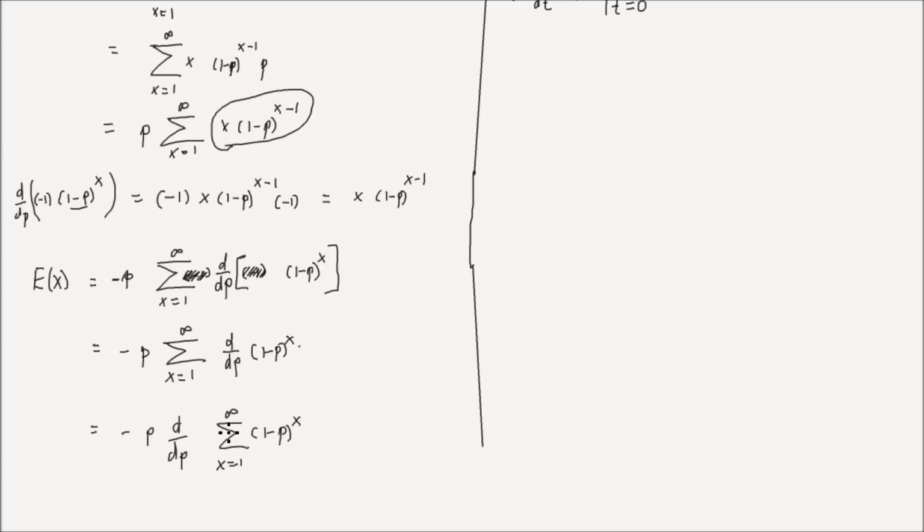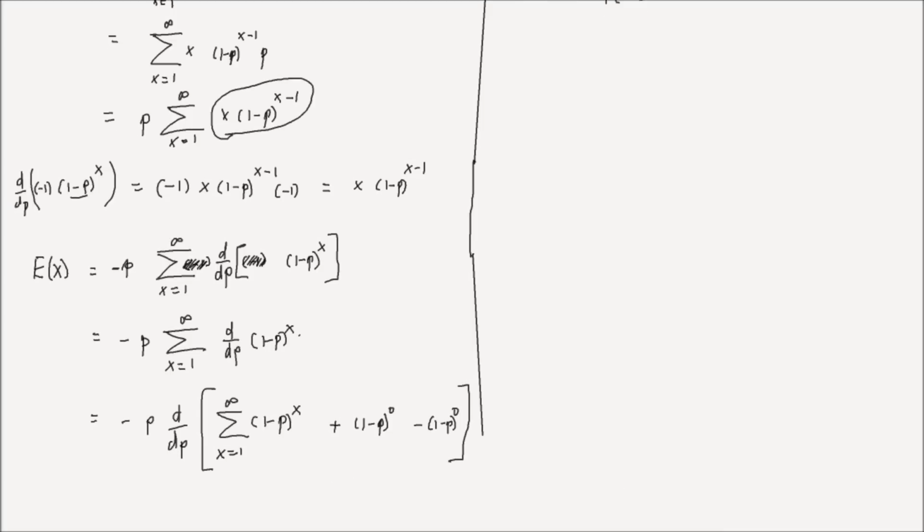You almost have a geometric series. Actually, you have a geometric series. If you add 1 minus p to the power of 0 and subtract 1 minus p to the power of 0 from this summation, you get the following.